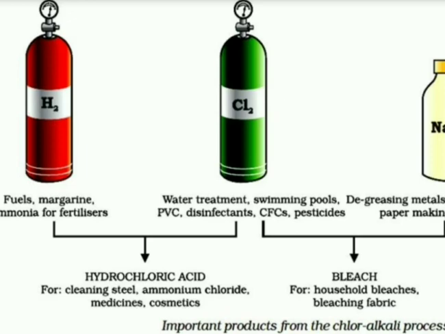Then disinfectants, means the substances which are used for killing germs, that is called disinfectant. Then CFC is chlorofluorocarbon. Pesticides, you know, the chemicals which are used for killing pests.